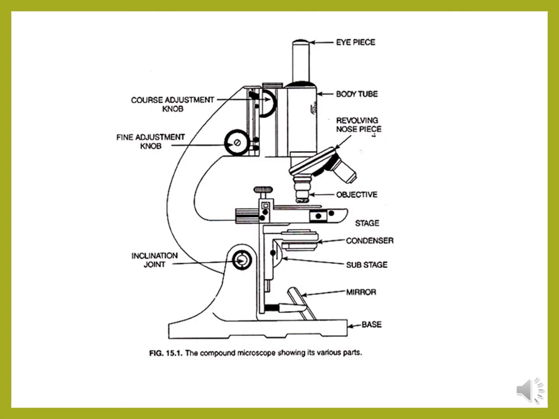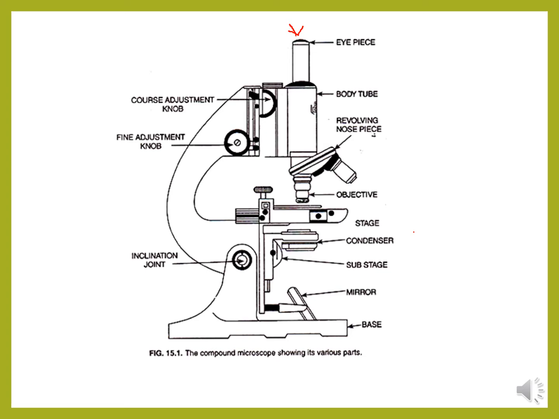This is the compound microscope which we generally use now in our laboratories, though we have higher versions which you will probably use in your higher classes. A compound microscope has an eyepiece through which you look. It has a revolving nose piece to adjust the objective.